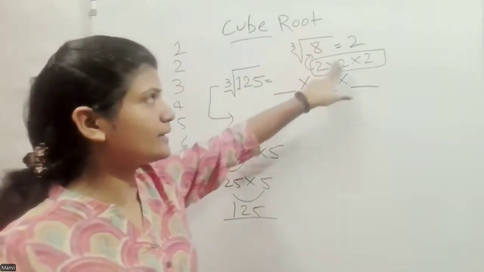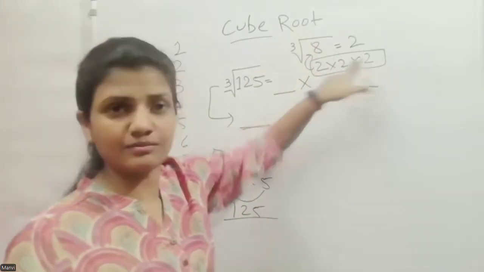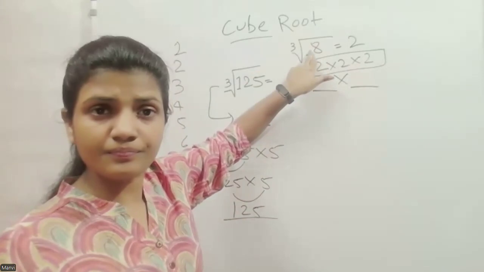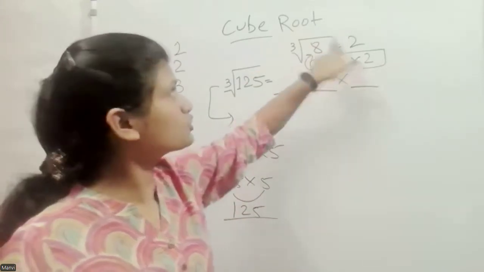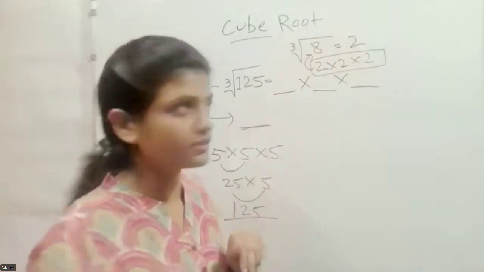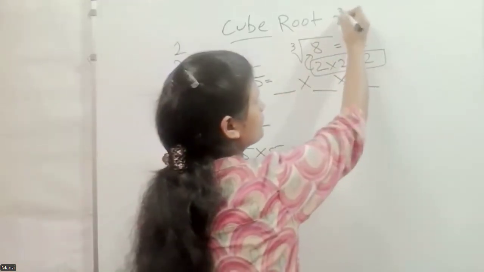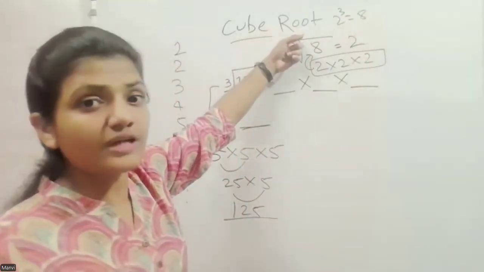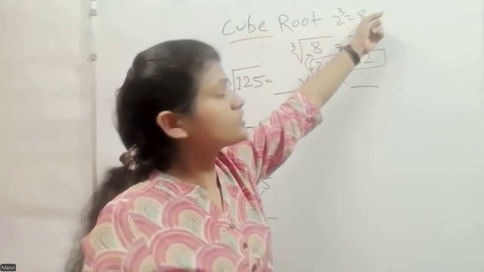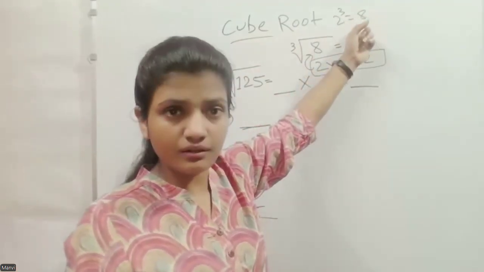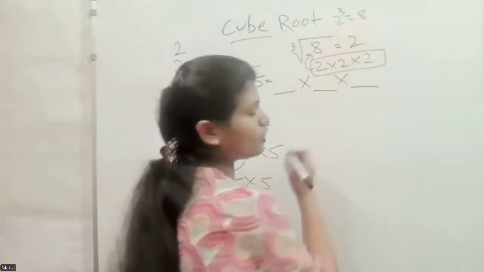So here 2 multiplies with itself 3 times, right? Then we get 8 as our answer. So if we ask about cube number, then we say cube of 2 is 8. But if we talk about cube root, we ask what is the cube root of 8? So we say 2. Okay? What is the cube root of 125?